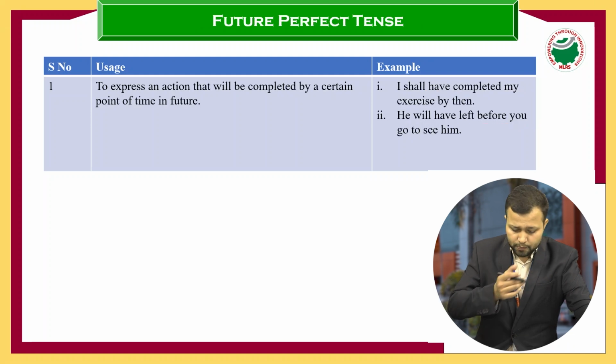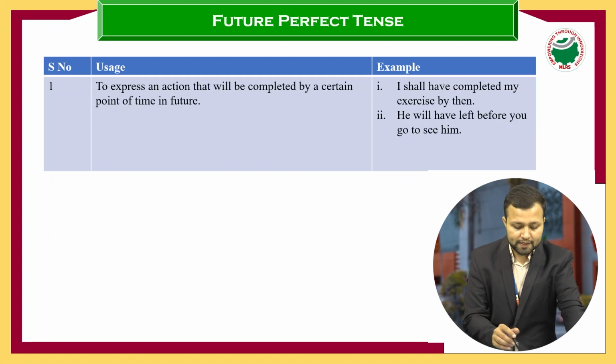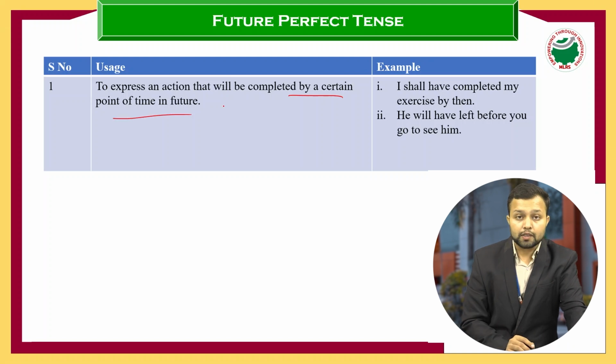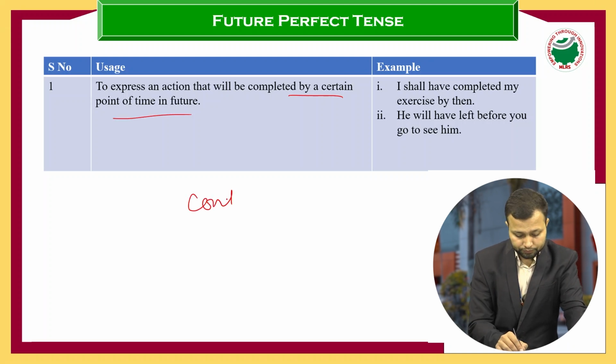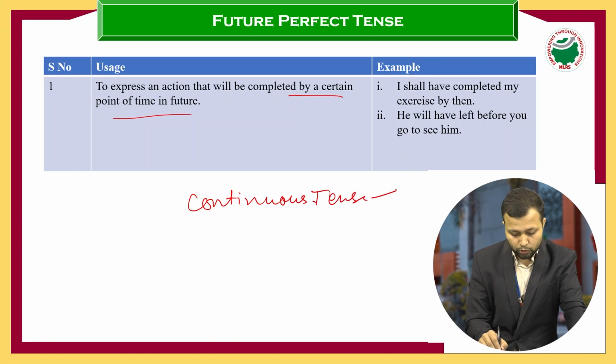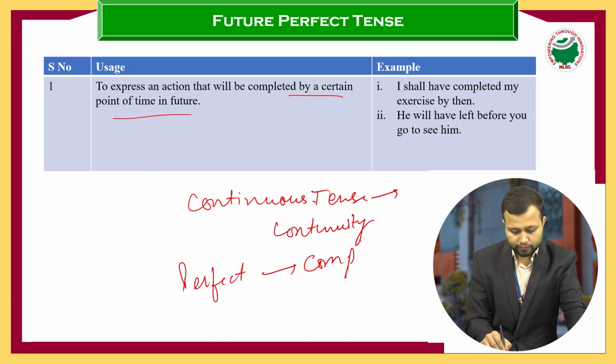So moving on to future perfect tense, to express an action that will be completed by a certain point of time. See, continuous tense talks about continuity, and perfect tense talks about completion.